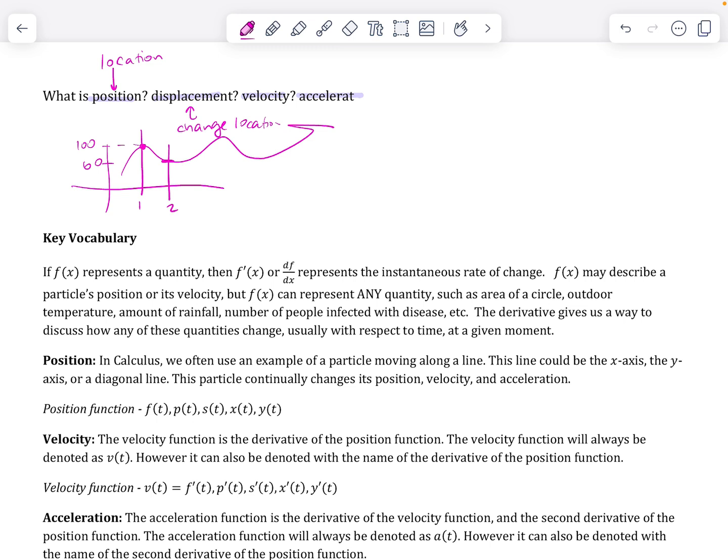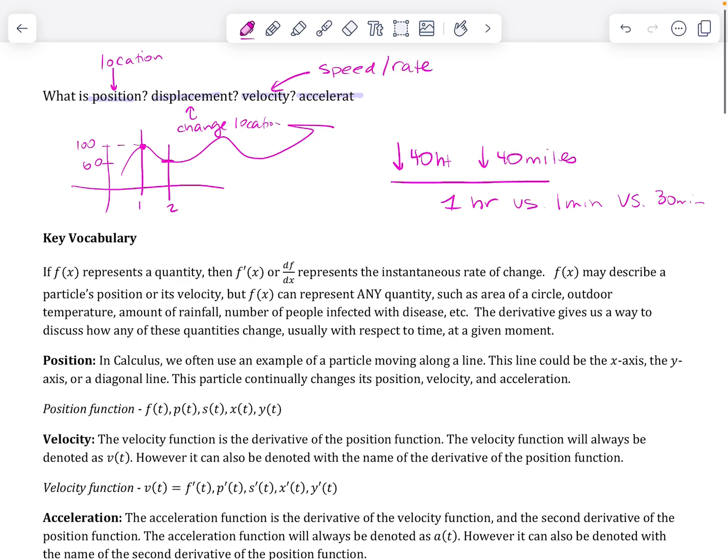Dropping 40 feet in height, or decreasing your speed by 40 miles an hour, if that happens in 1 hour versus 1 minute versus 30 minutes, those are all different speeds. So your velocity is the rate of the displacement. It's how fast things are changing over time.